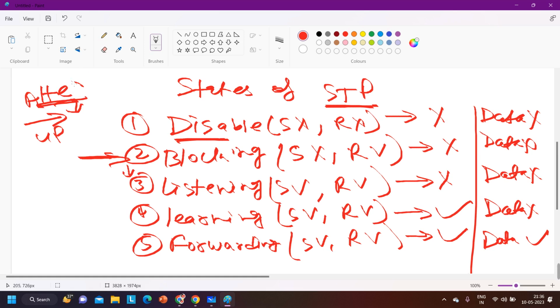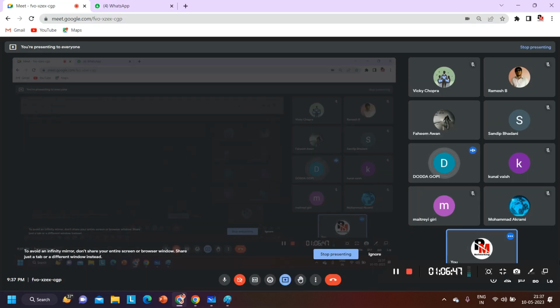Only DP and RP ports move from blocking to listening state. The alternate port will be stuck in the blocking state. This is the concept of spanning tree protocol states. Is it clear? Yes, sir. Guys, any question? Yes, sir.